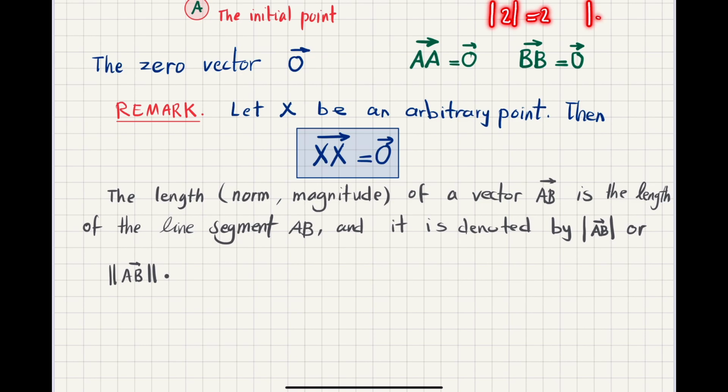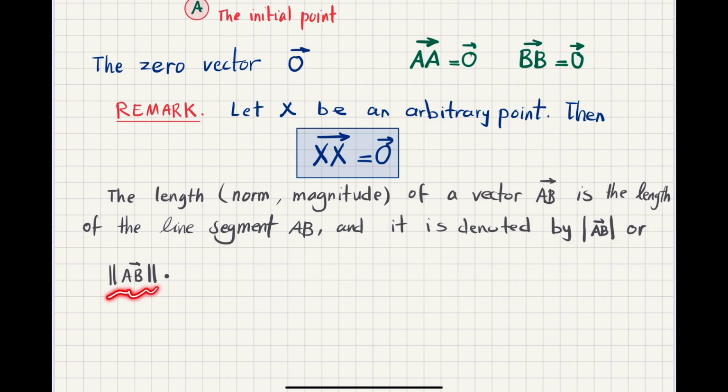If I ask you what's the absolute value of -2, the answer is again 2, even though -2 is negative, but from the magnitude point of view, the magnitude of -2 is also 2, yes? So this symbol is ubiquitous in algebra, but there is no matter of confusion here, because inside this you see a vector, but inside the normal absolute value you see a number. So you will never ever confuse this symbol with that symbol.